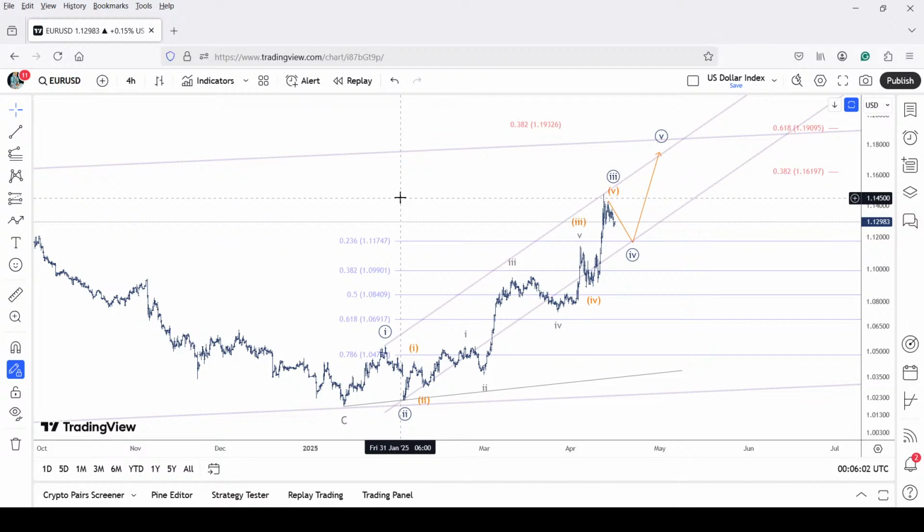Rather than sitting on the sidelines, but we're still 100 points away, brothers and sisters, to really pick up on the long side. So it is suggested to initiate only partial long positions around 1.1175, and the potential stop goes around 1.05, and the potential targets are, we still have one more high to go on the upside towards 1.17 and 1.19.